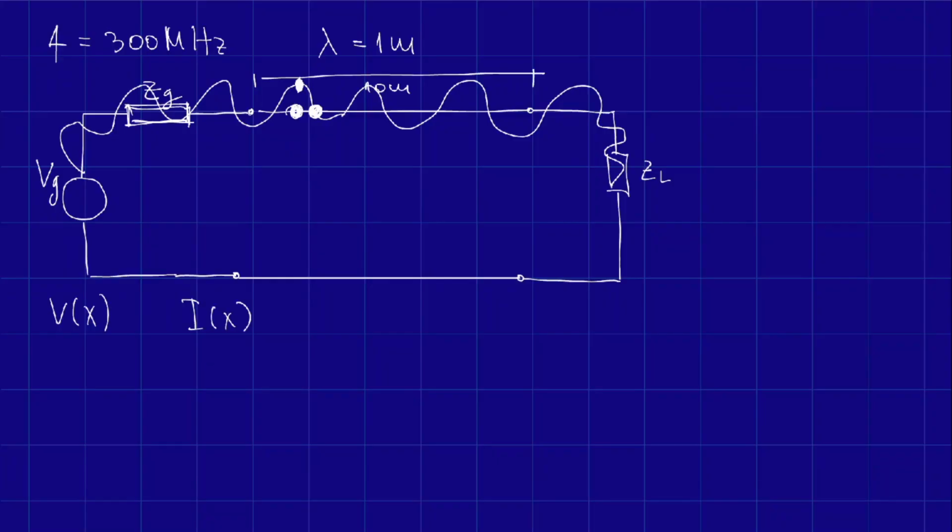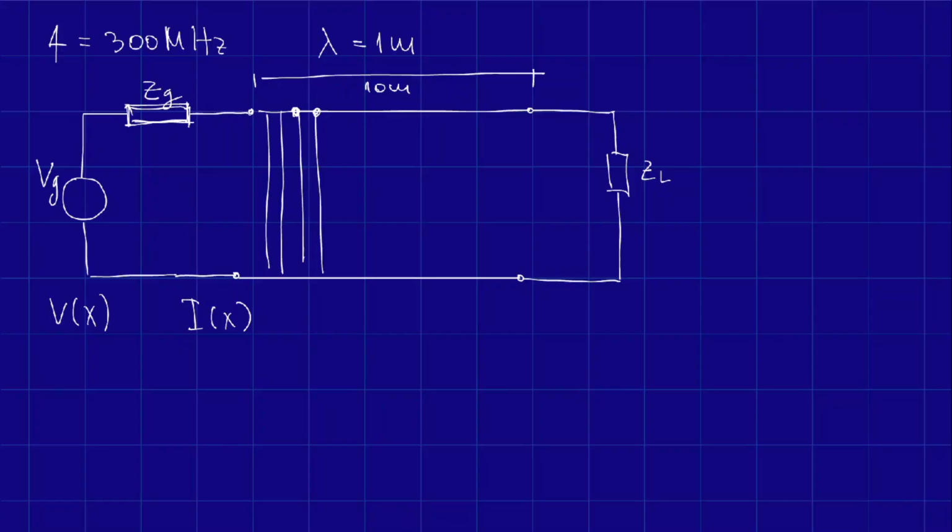So now to see how things actually work in a transmission line, they found this method called the elementary cell method of a transmission line, which basically means that they divided the transmission line into multiple sections where each section is delta x. That's its width.